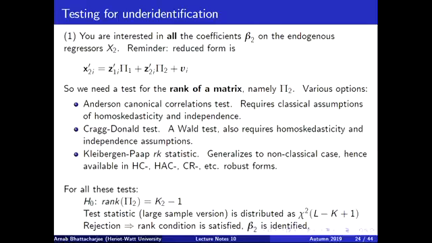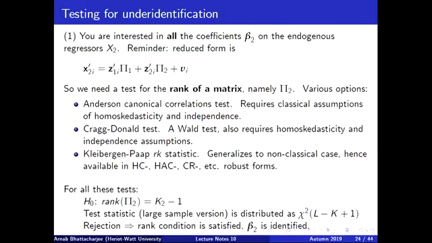The critical values are interesting, let's put it that way. And the more common one these days is the Kleibergen-Paap rk statistic, which generalizes to the non-classical case, so you can use any kind of covariance matrix, as appropriate.